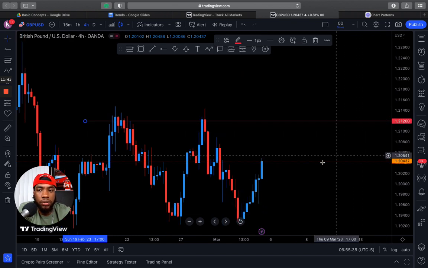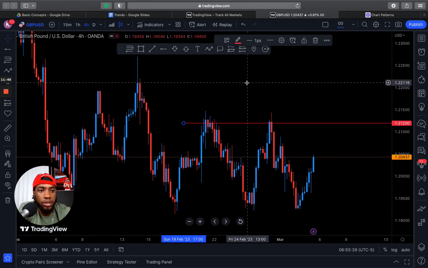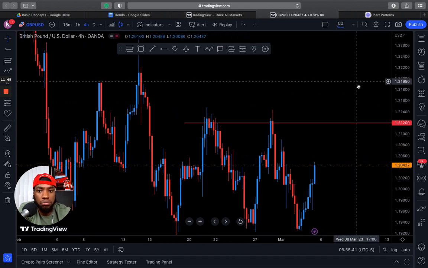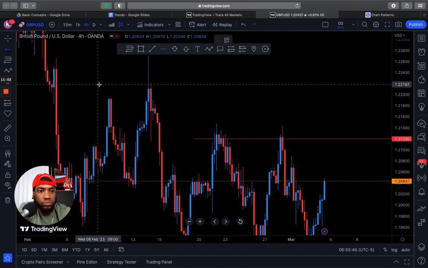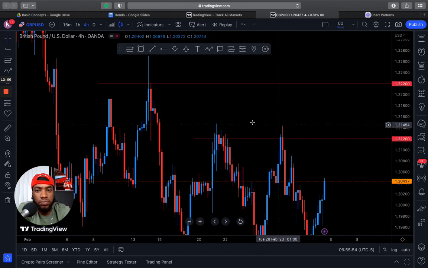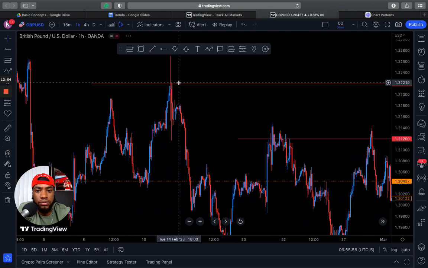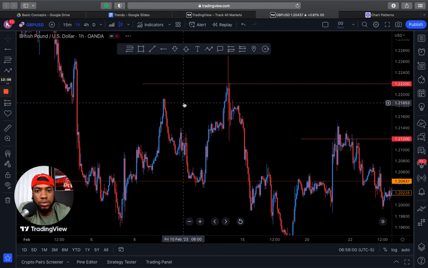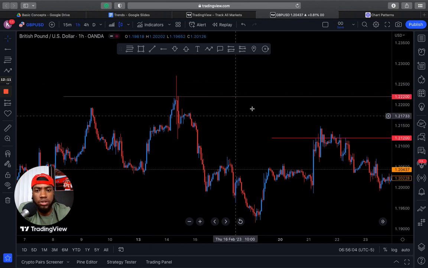Above that, and you're always looking to the left, seeing what past market movement did. Look where this falls. It's perfect.